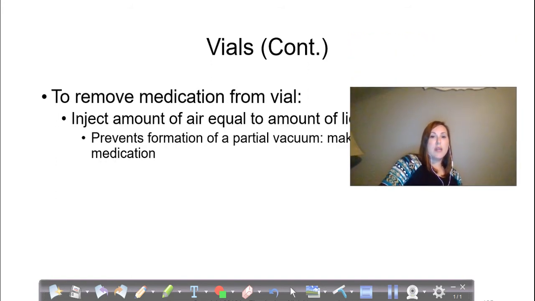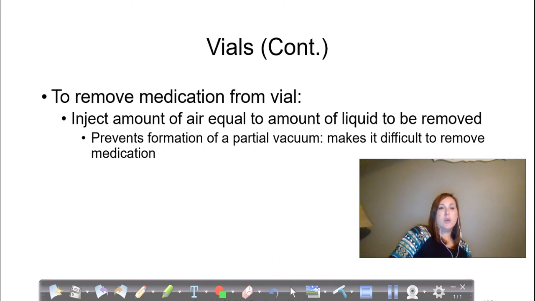So when you're removing medication from a vial, you want to inject the amount of air equal to the amount of liquid to be removed. And that prevents a vacuum from forming, which makes it difficult to remove the medication. So if you are going to inject 1 ml of fluid, you're going to take 1 ml of air and inject that into the vial of powder.